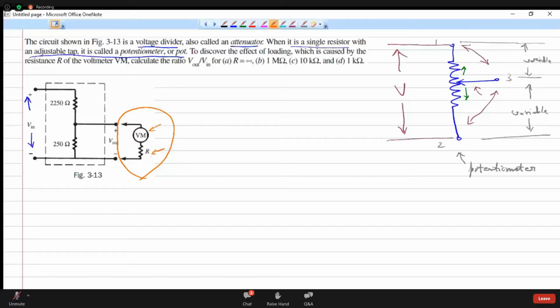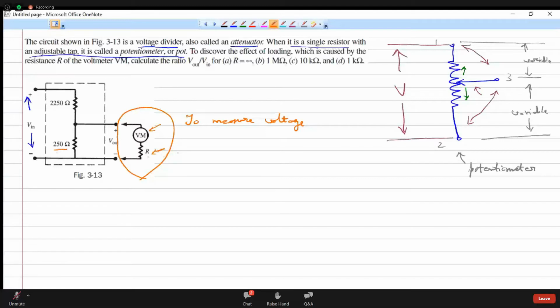What is the purpose of using a voltmeter? To measure voltage. Now, to measure the voltage across this 250 ohm resistor, we attach a voltmeter to the circuit and see what reading we get. Inside a voltmeter we always have a series resistance connected, which has a very high impedance.